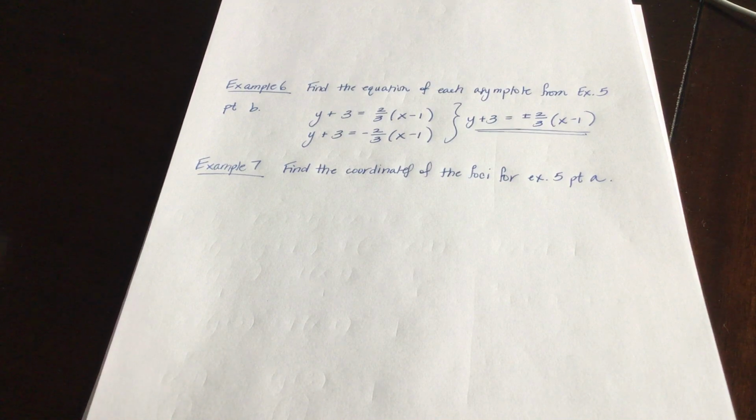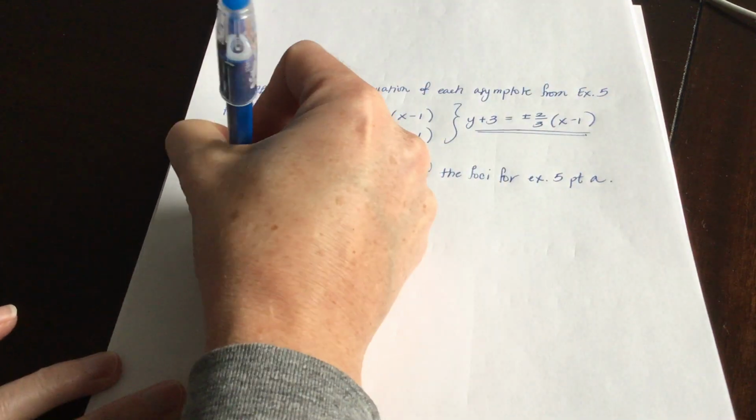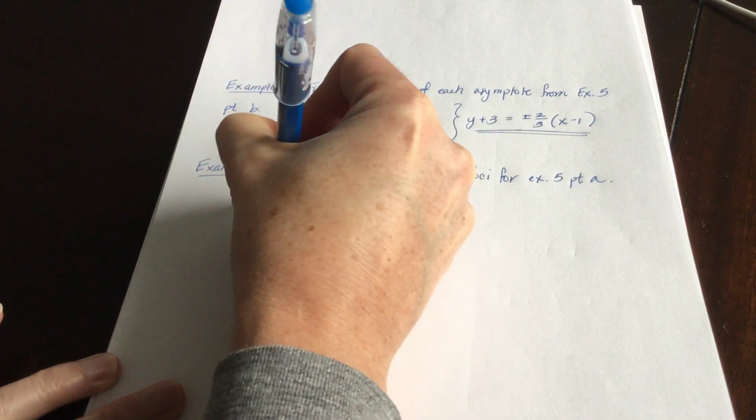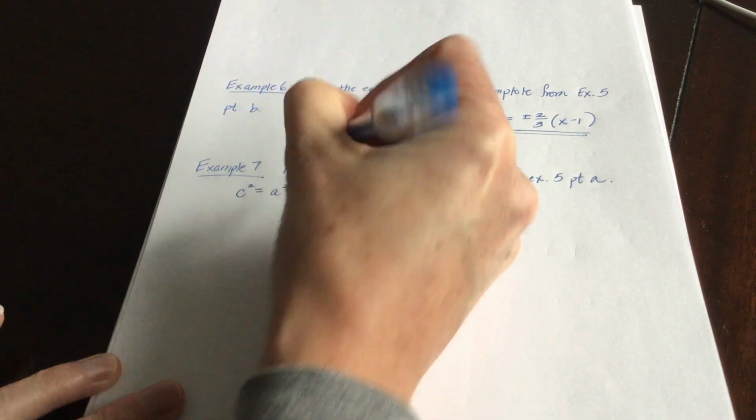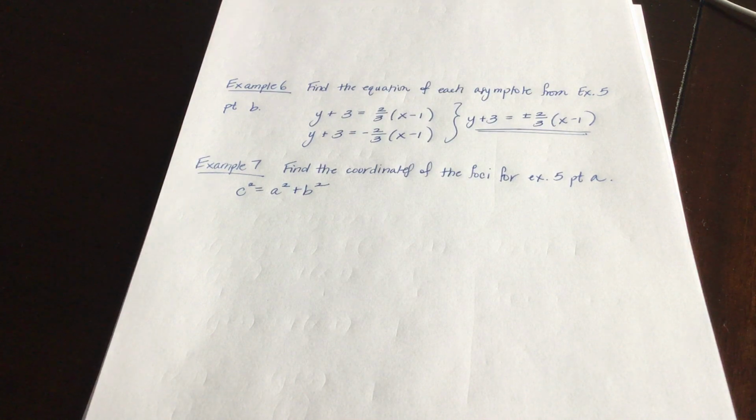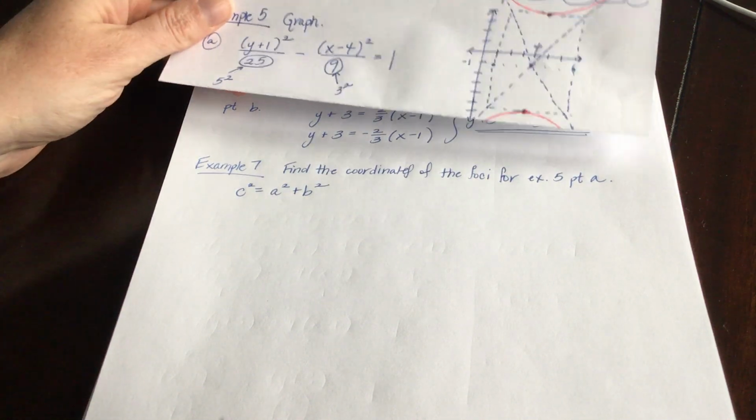So first thing you need to know is what is the Pythagorean identity for ellipses. It is c² equals a² plus b², and because you're not subtracting in this one, it doesn't matter what you put in for a² or b², as far as which one's bigger or what have you.